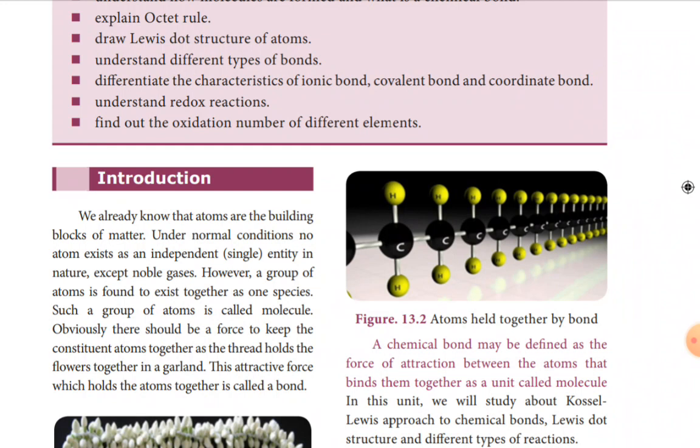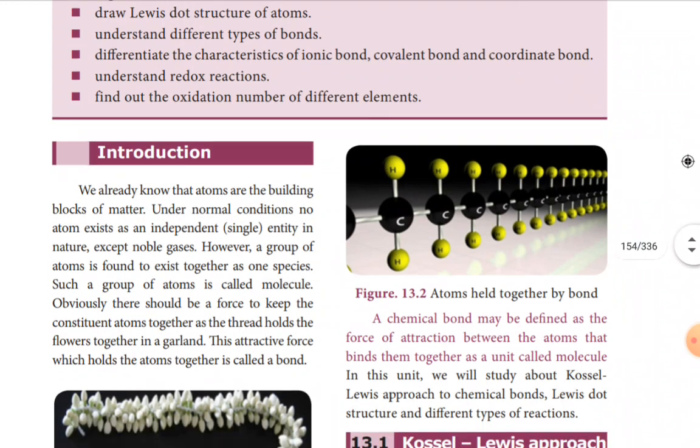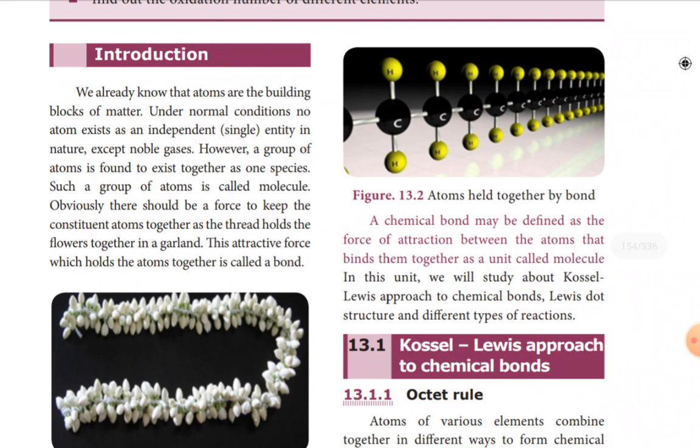So atoms combine with one another. How does this combination take place? Like how flowers are held together in a garland. The flowers are tied with one another to make a garland. So what is used for connecting the flowers? We are using thread.